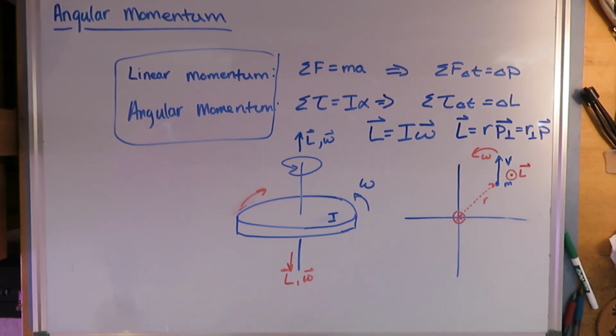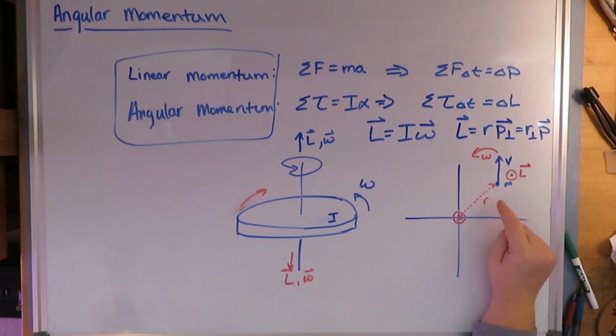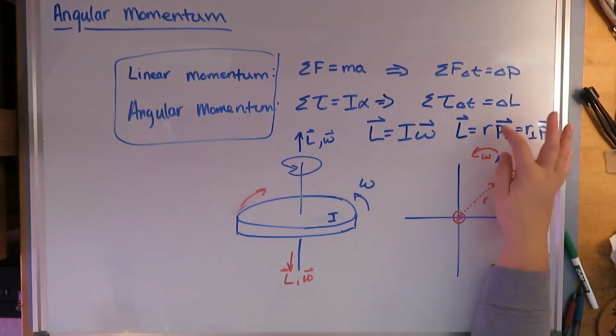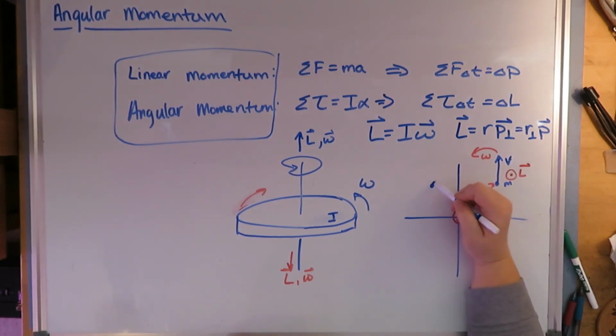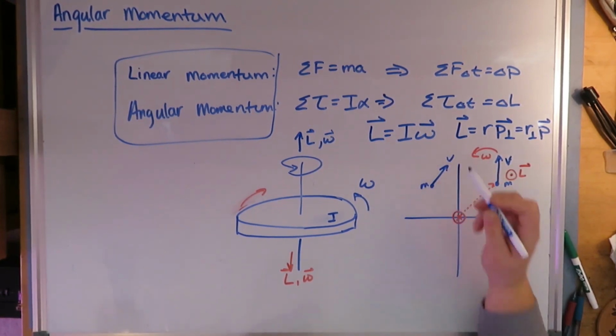This one is a little trickier because R is technically a vector. This is actually a vector cross product. For those of you in higher calculus, you might have seen cross products before. That's why it's a little wonky. So let's say I had a point over here that was moving with some velocity and mass.